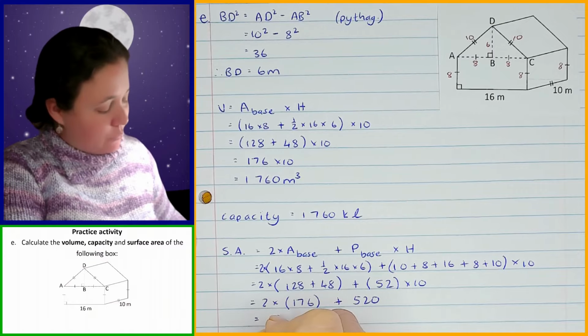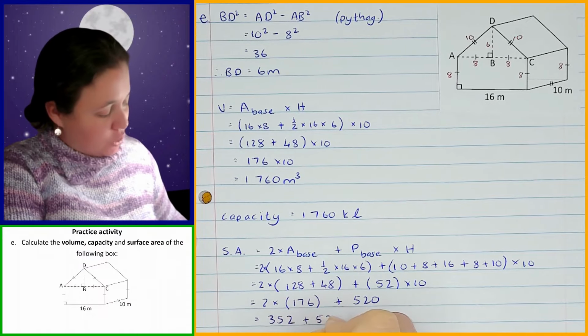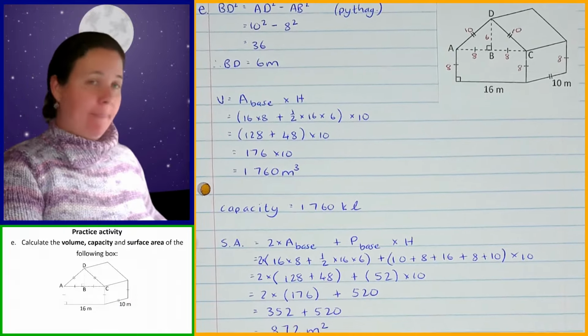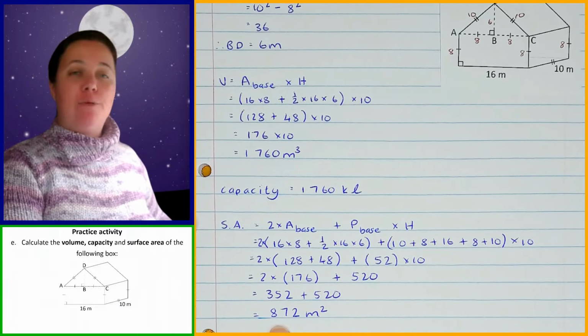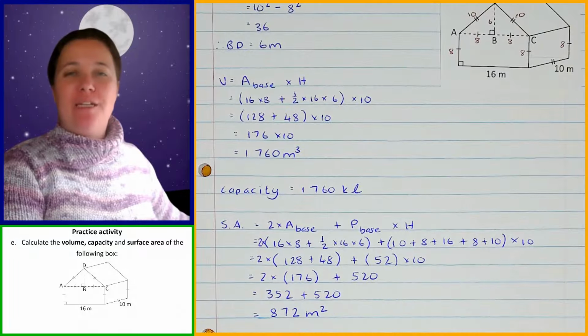That gives us 352 plus 520, which equals 872 meters squared. So that's what you should have got for that question. And that's how we work out the volume and surface area of prisms.